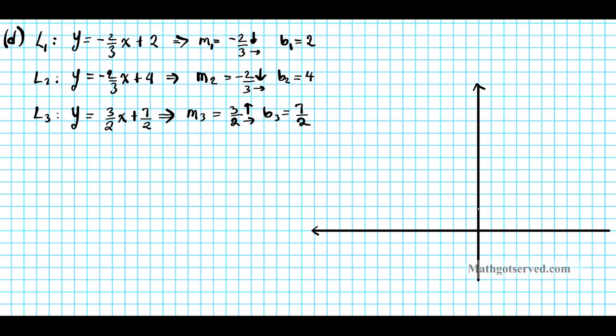So 2, 4. I went as high as 4 because that's the biggest y-intercept I have here. And on the x-axis, 1, 2, 3, 4. All right, so this is my x, this is my y.